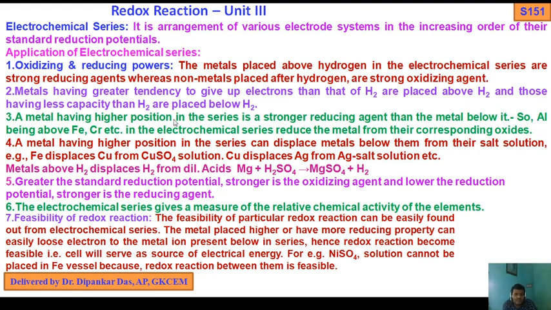So aluminium, being above Fe and chromium etc. in the electrochemical series, reduces those metals from their corresponding oxides.